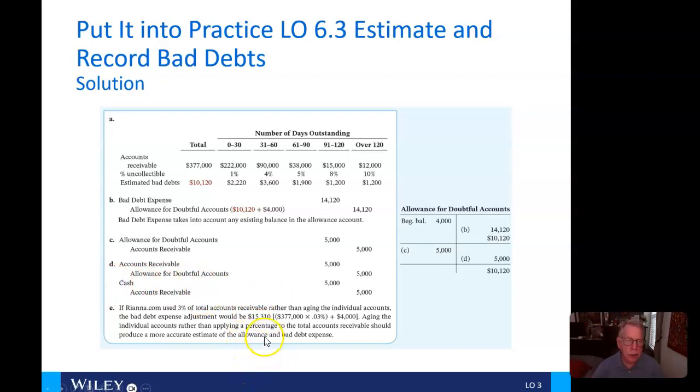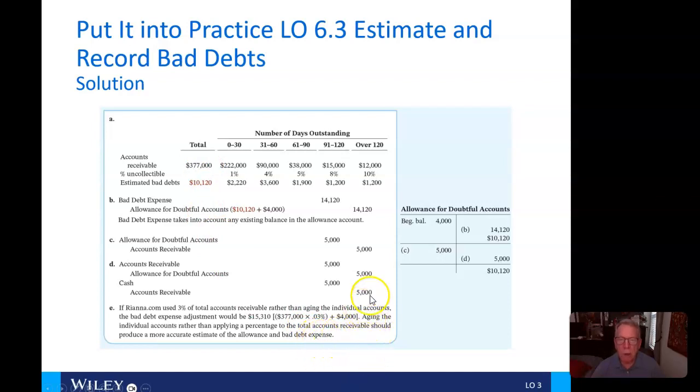Now, if they just used a flat percentage of 3%, that's going to come out to 3% of $377,000 here. If I do that, I think it's 11,310.